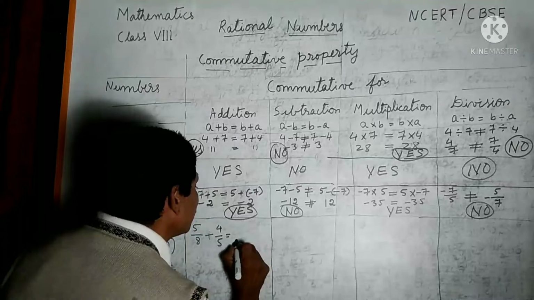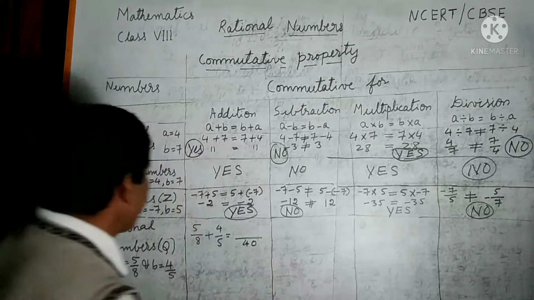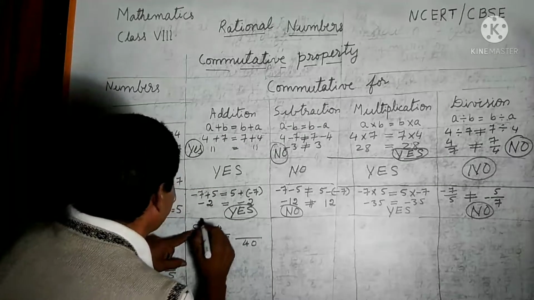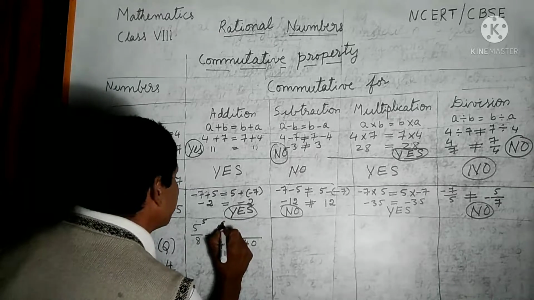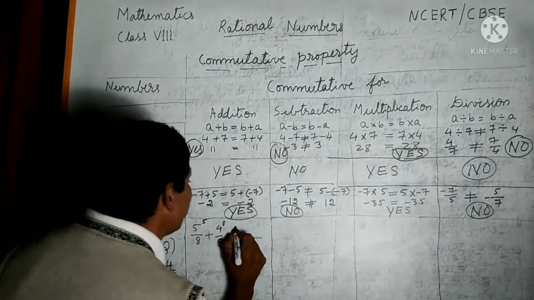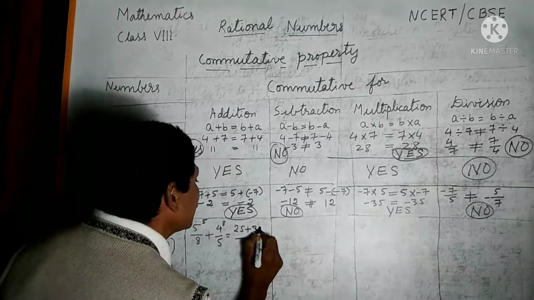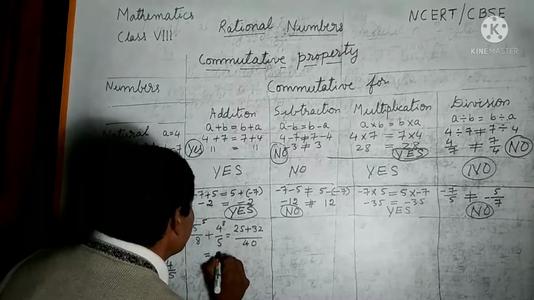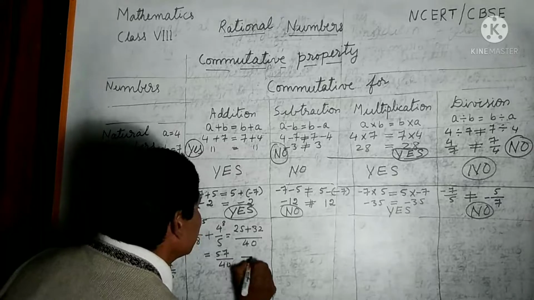This is equal to, 40 is the LCM. 5 times 5 is 25, plus 32. This is equal to 57 divided by 40.